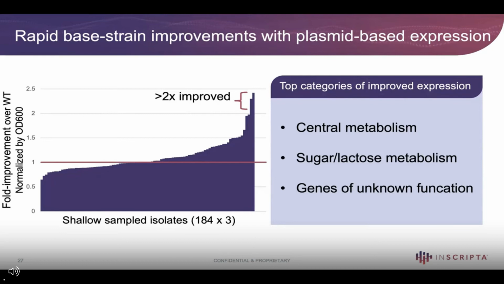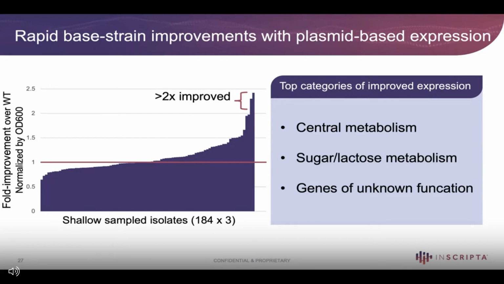And similar to the other two stories, I'm seeing about a 2-fold enhancement of expression in a couple of different variants. The ones at the very top, one is surrounding central metabolism, and another is associated with sugar or lactose metabolism. And another interesting hit right at the very top is a gene of unknown function.